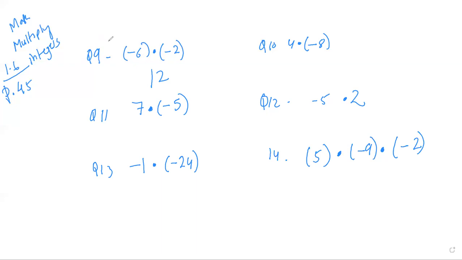You don't take the sign of the bigger number. Okay, so minus and minus. If same sign, don't take the sign of the bigger number. What is the first rule?